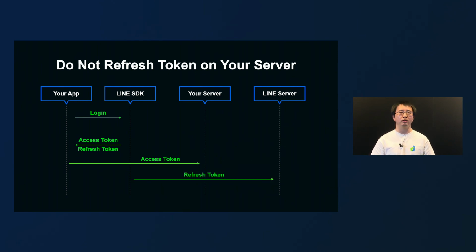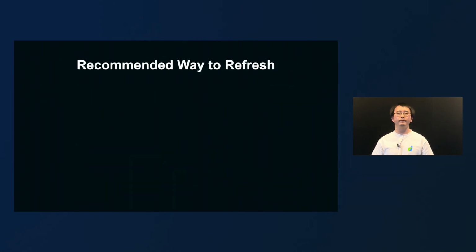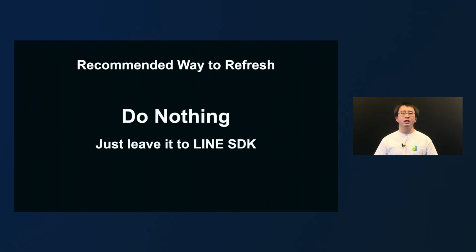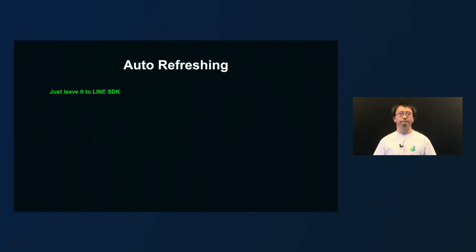Instead, you should let Line SDK talk with the Line server directly and get the new access token. And then Line SDK will notify your app when the new access token is obtained. So that means the recommended way to refresh is to do nothing. Just leave it to Line SDK.